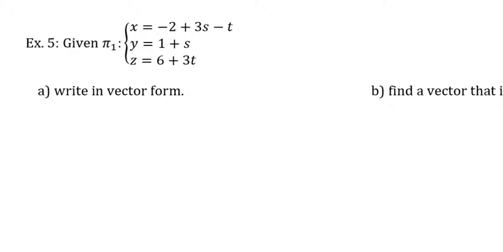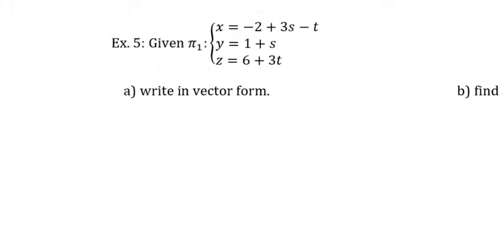So what is it? Hold on, 2, 1, 6. Which are these values? Just the constants in each of the parametric equations, written in order. Parametric equations should always be written in order, alphabetically, X, then Y, then Z. If they weren't, be careful. Somebody's trying to trick you, I guess.